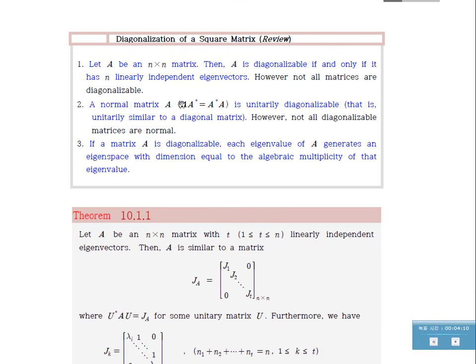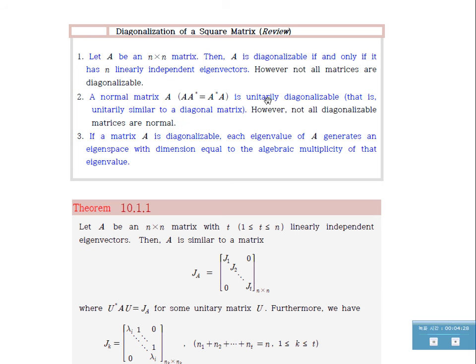Okay. This is a review of diagonalization of a square matrix. If A is an n by n matrix, then A is diagonalizable if and only if it has n linearly independent eigenvectors. But not every matrix is diagonalizable. A normal matrix is unitarily diagonalizable, always. But not all diagonalizable matrices are normal.